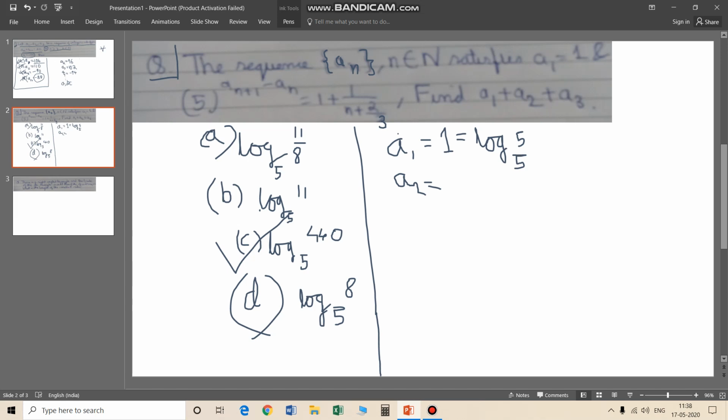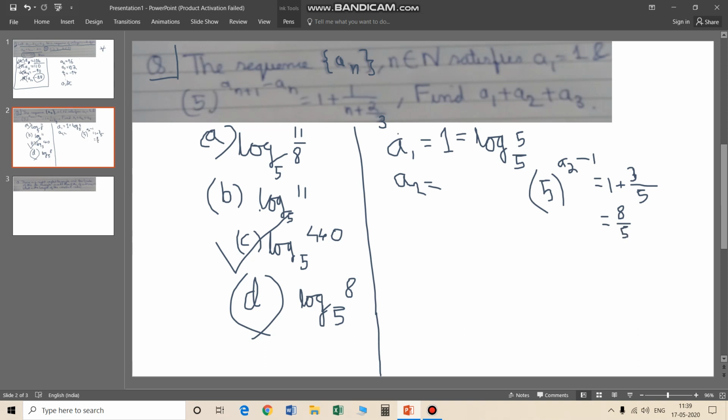Before writing A2, let me show you how to find A2, then write the statement. 5 to the power A2 minus A1 is equal to 1 plus, here n is 1 not 2, this is the thing to be noted. 1 plus 2 by 3 is 5 by 3, then the numerator can be written as 3 by 5, which is equal to 8 by 5.